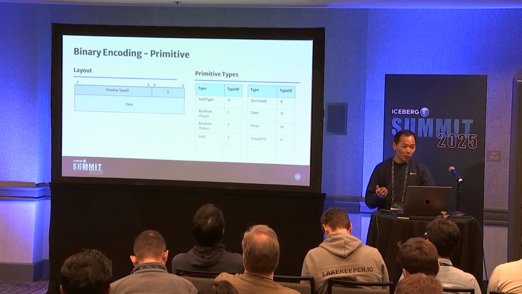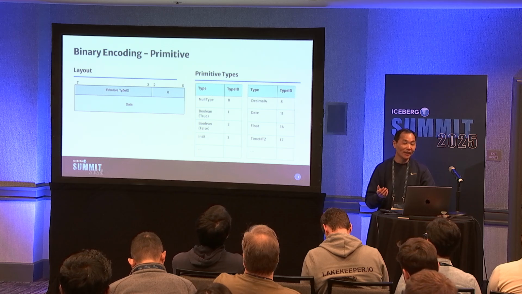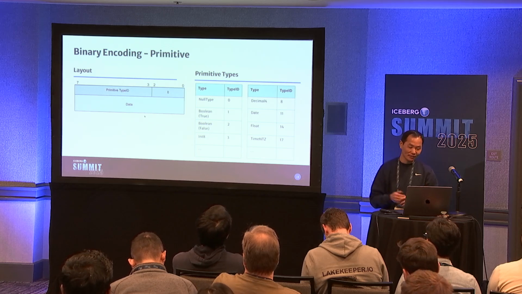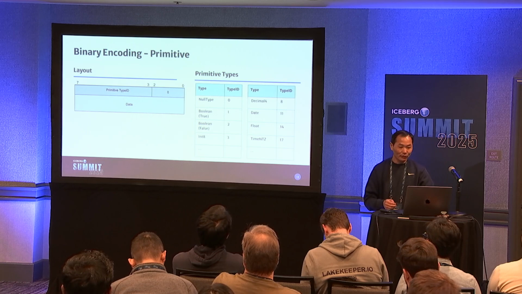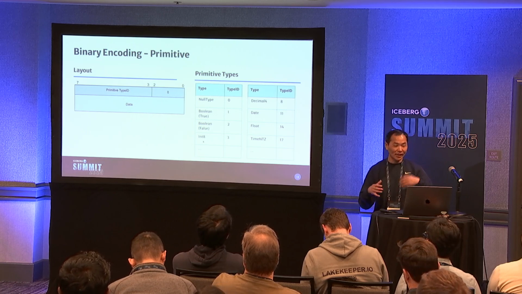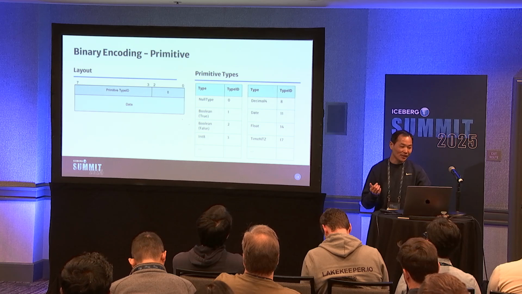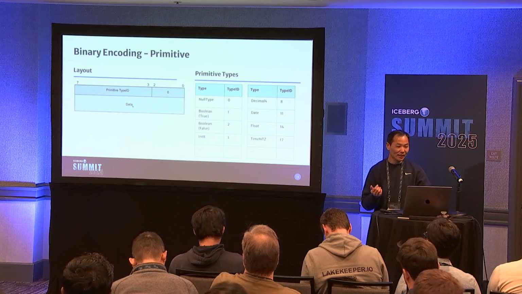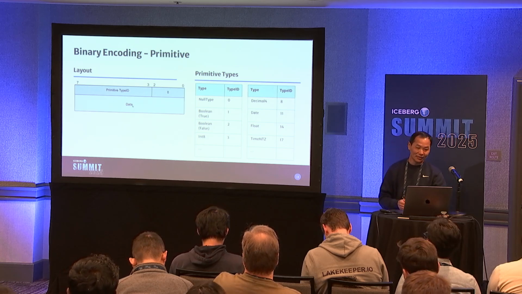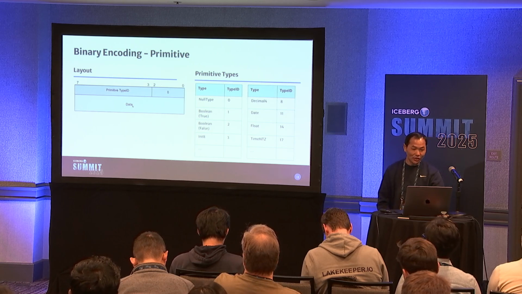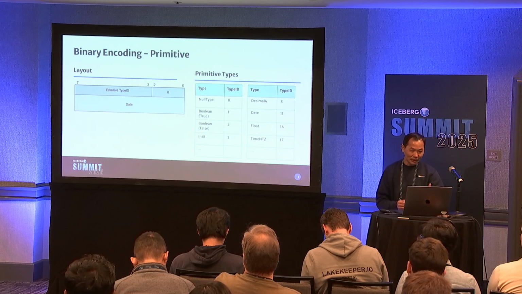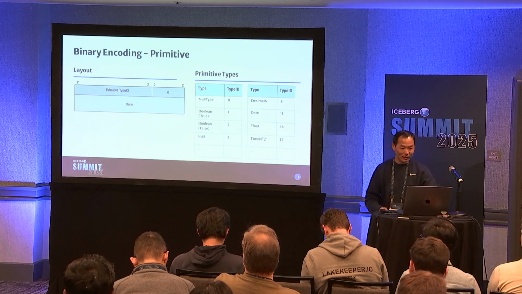You only need the header, you don't need the data. But in some other cases, let's say int 8, then we encode the data after the header. This is the primitive variant encoding.